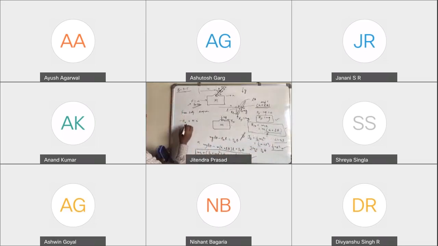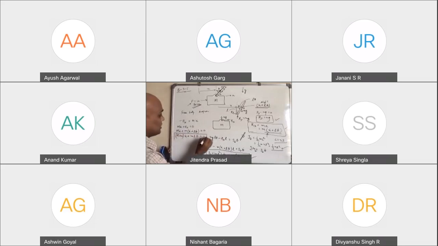Here Rx is this, or simply we get m x double dot plus Rx equal to 0, or m x double dot plus m x double dot plus L theta double dot is equal to 0, or simply big M plus small m times x double dot plus m L theta double dot equal to 0.